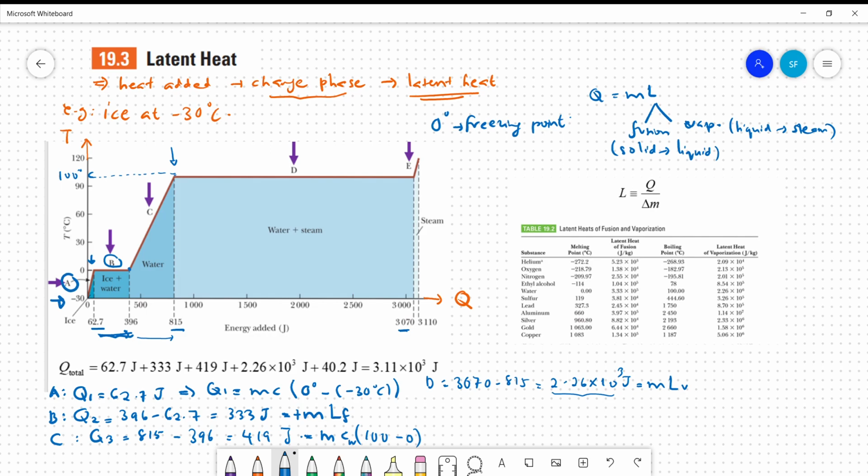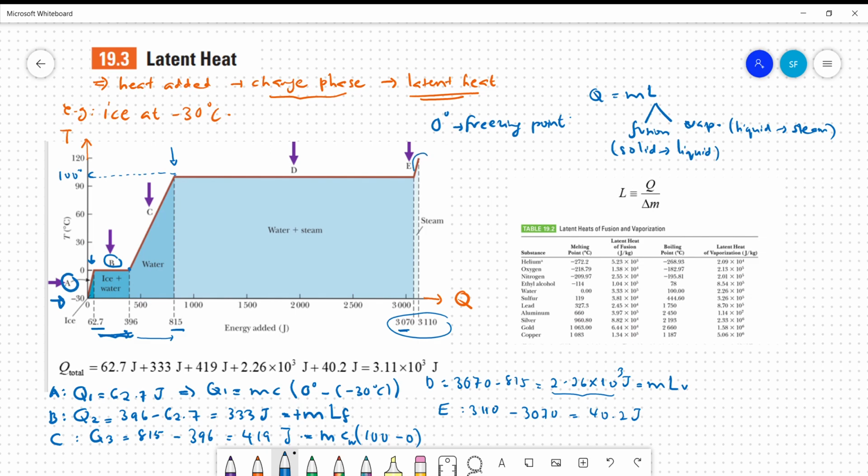Now, with a continuous amount of heat, as you can see here, we have 3110 minus 3070, or approximately 40.2 joule. So when more energy is added to the system, the water will completely become steam, or gas.